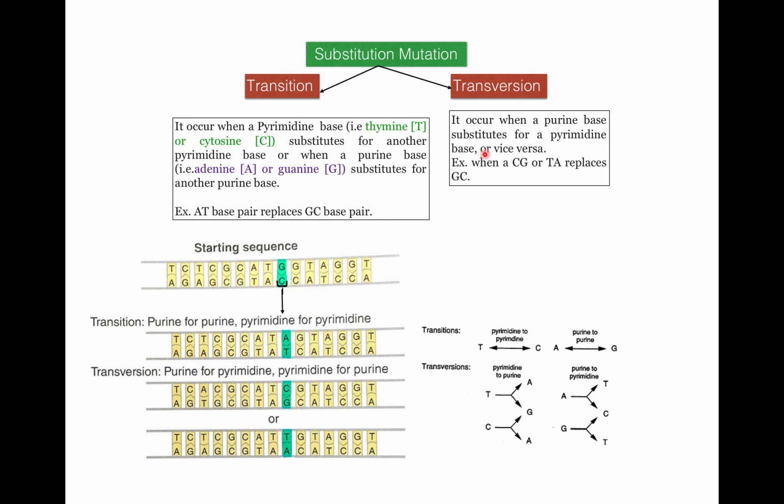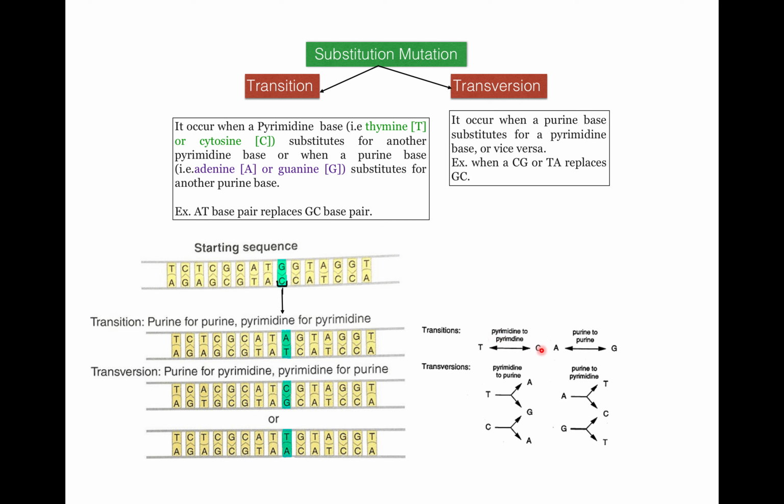Now transversion. It occurs when a purine base substitutes for a pyrimidine base, or vice versa. So here you can see GC is replaced by CG or TA, because in place of G, C comes and C pairs with G. So CG replaces GC or TA replaces GC. Here you can see pyrimidine to pyrimidine.